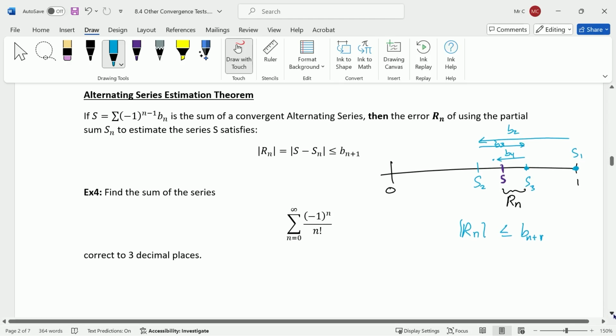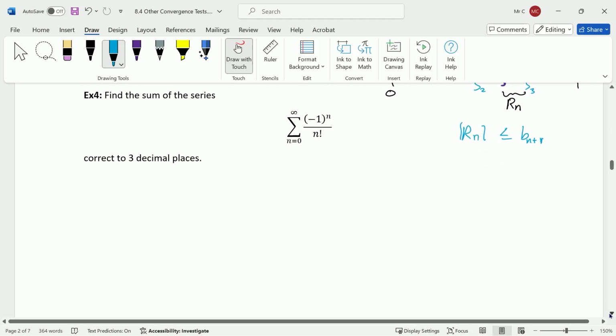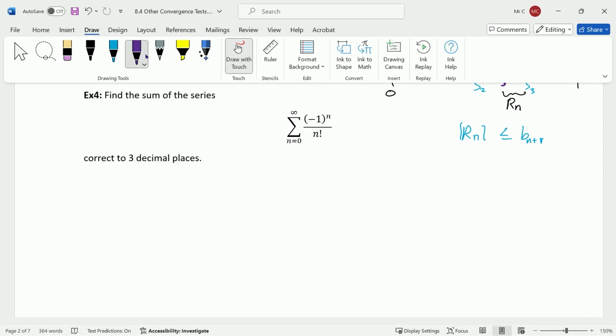Okay, so let's put this to place to actually approximate a sum of a series correct to 3 decimal places. So before we get started, when I say correct to 3 decimal places, I don't mean less than 0.001. That's not what we mean. I don't mean that my sum is accurate to that, or my error is accurate to that.